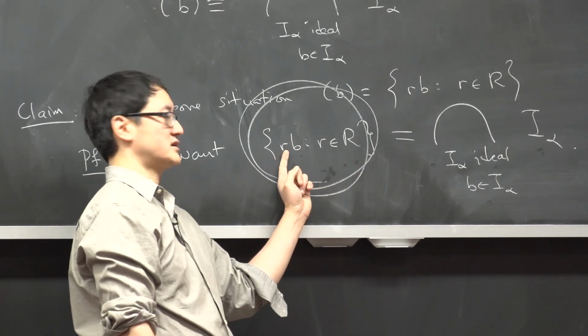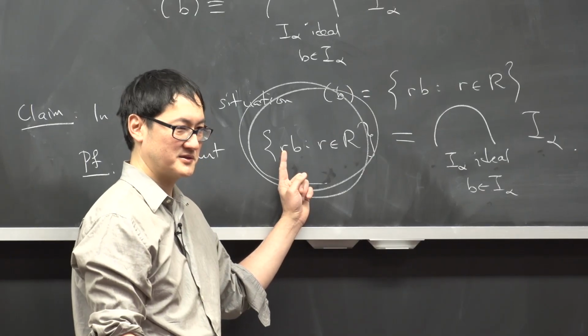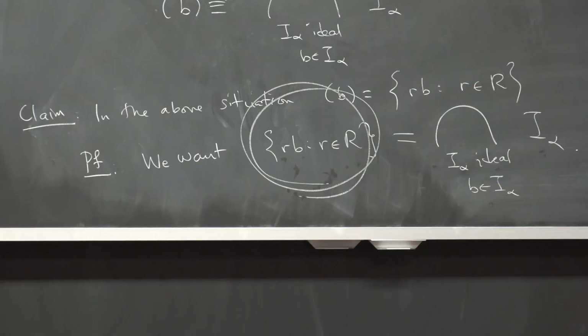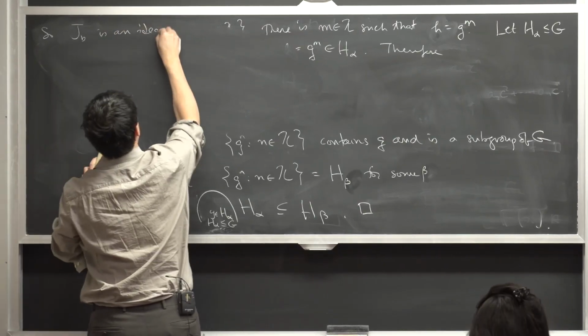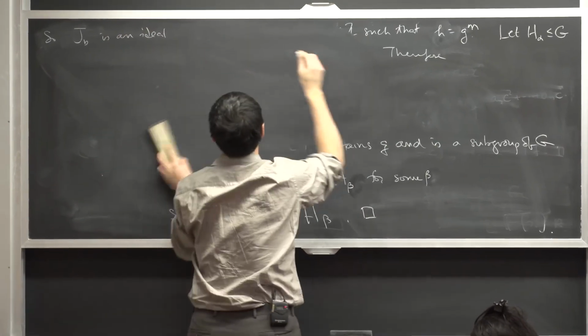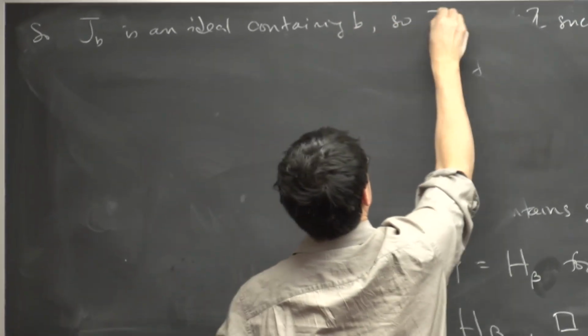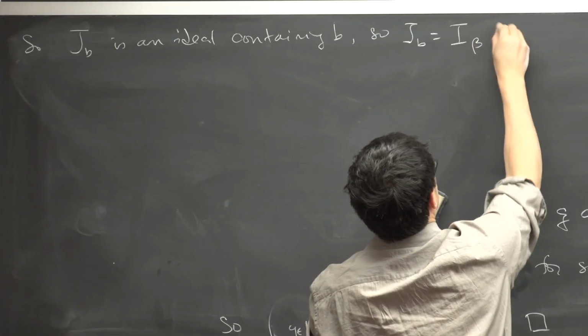Why? What's R? 1. So you have to be unital for all of this to work. If you don't have that, then you're screwed. So JB is an ideal containing B. So JB is one of these I alphas, I betas for some beta.